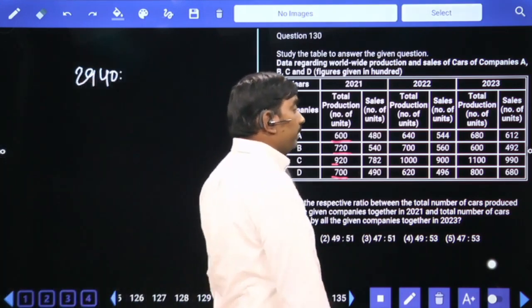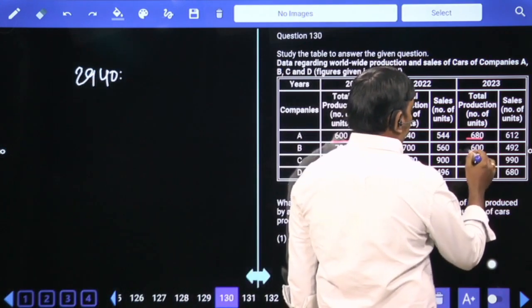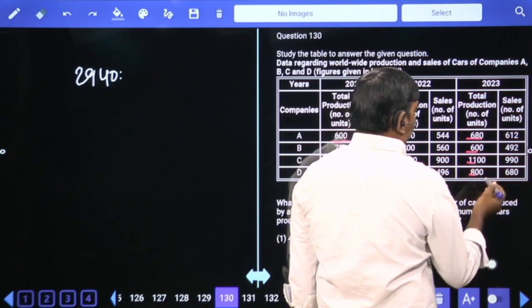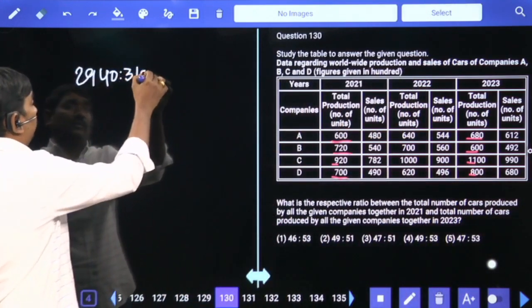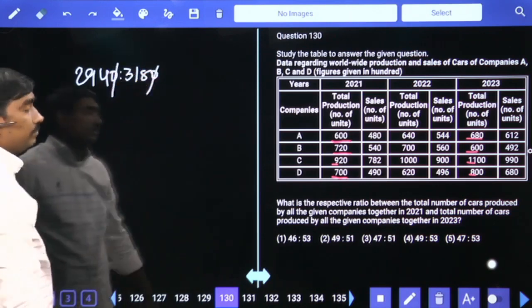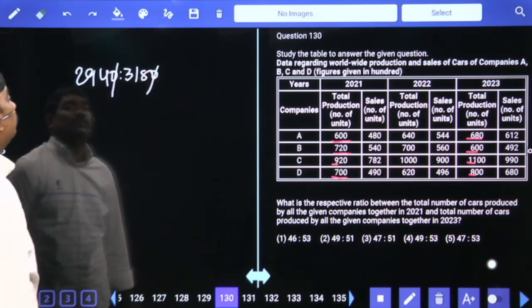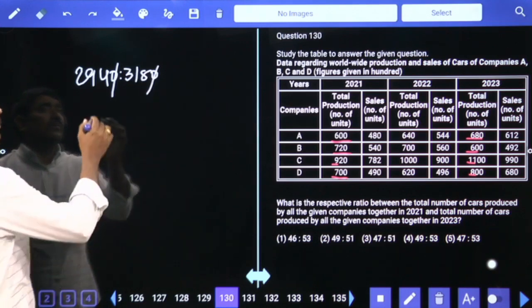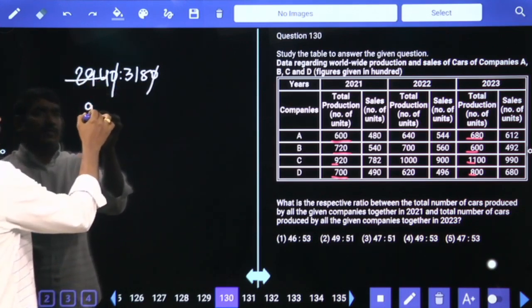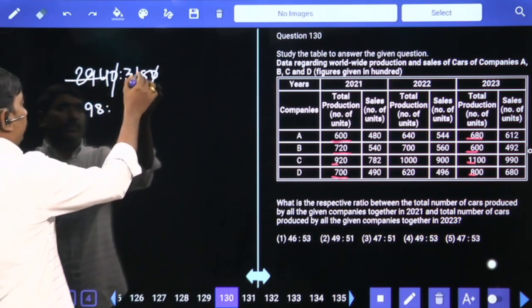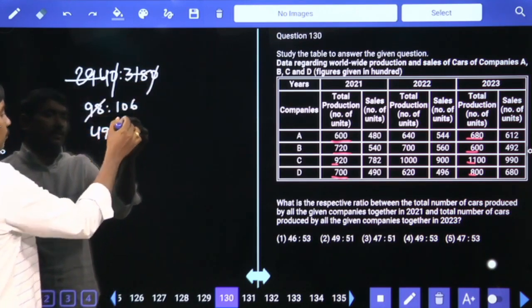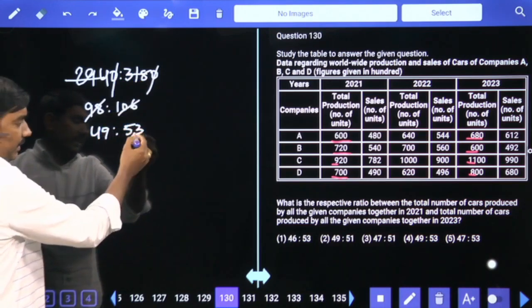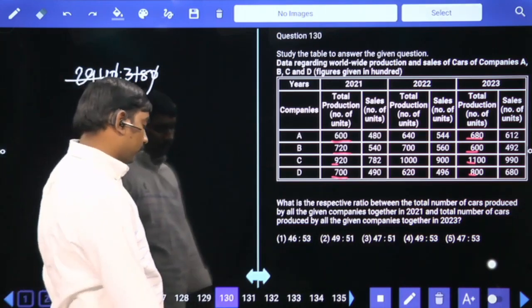Same like 2023: 600, 1200, 2000, 3100 plus 80, 3180. 3 9s are 27, 3 8s are 24, so 49 to 53. Fourth option.